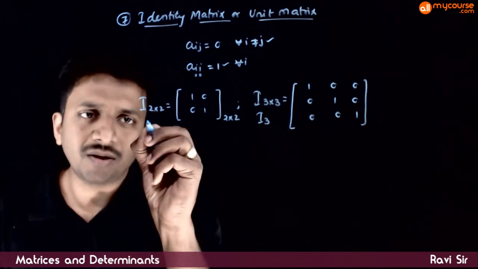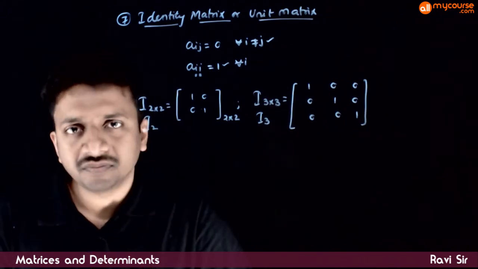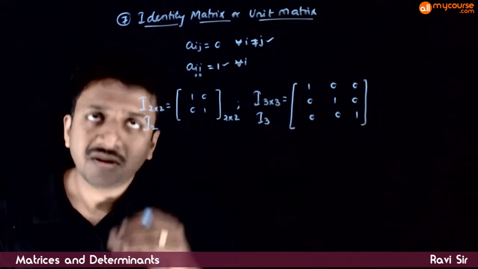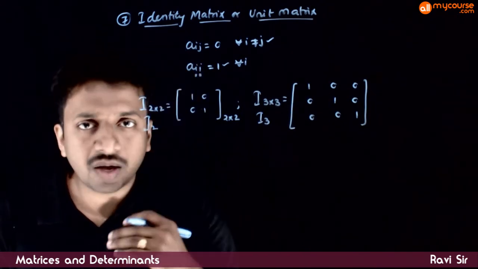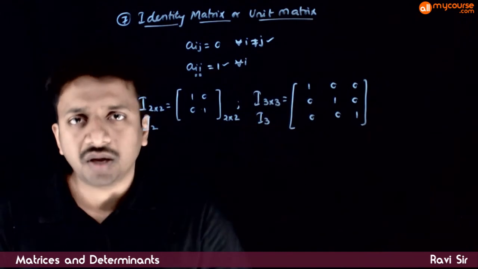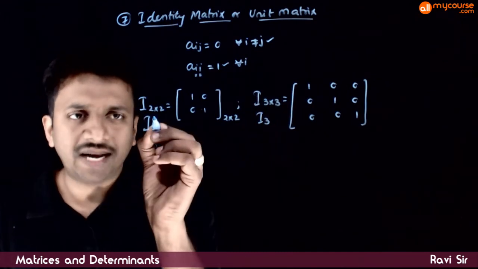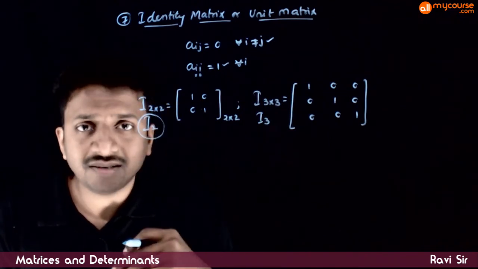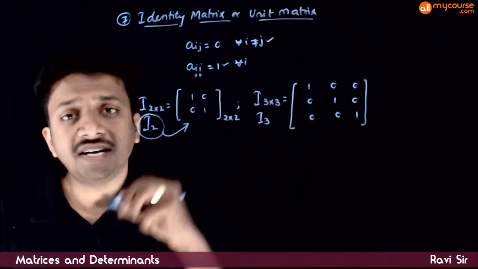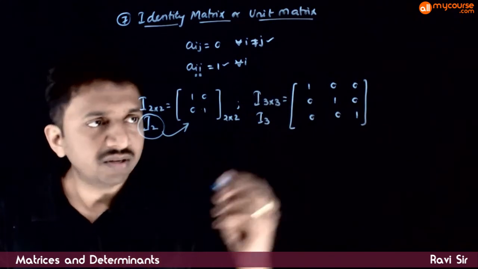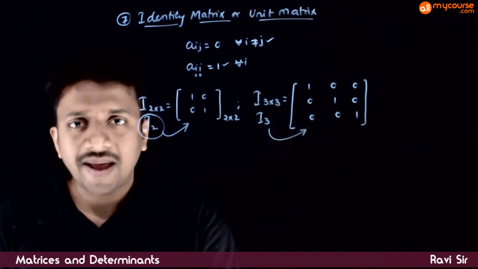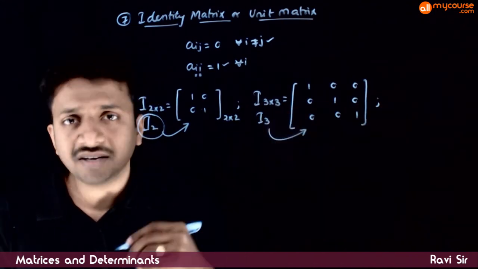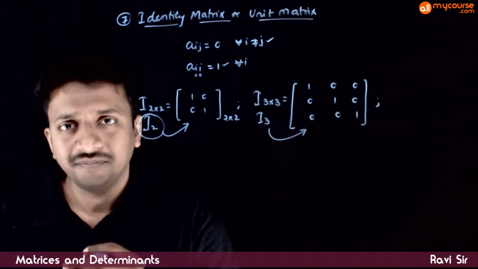So I2 by 2 can also be written as I2, identity matrix of the order 2. By default we know that an identity matrix is a square matrix, meaning the other number is also equal to 2, so we don't need to write it. Whenever you see I2 in the chapter of matrices, you need to understand it as an identity matrix of the order 2 by 2. I3, identity matrix of the order 3 by 3. So you can have an identity matrix of any order.